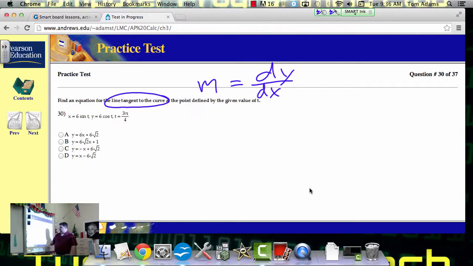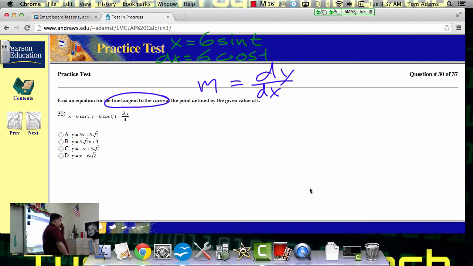If x is equal to 6 sine of t, then dx/dt is equal to 6 cosine of t, the derivative of that.